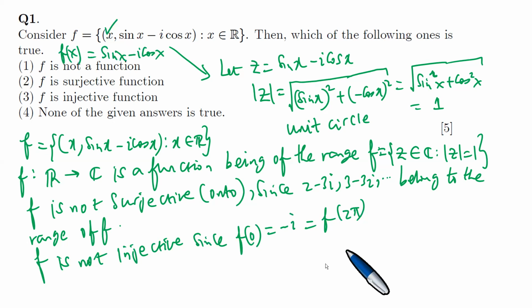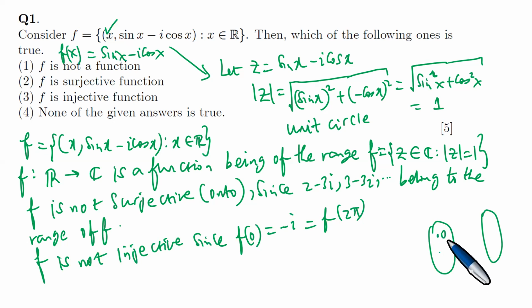It's not one-to-one, because you have a situation where there is 0 and there is 2 pi, both of them become minus i. So the function is therefore not injective.